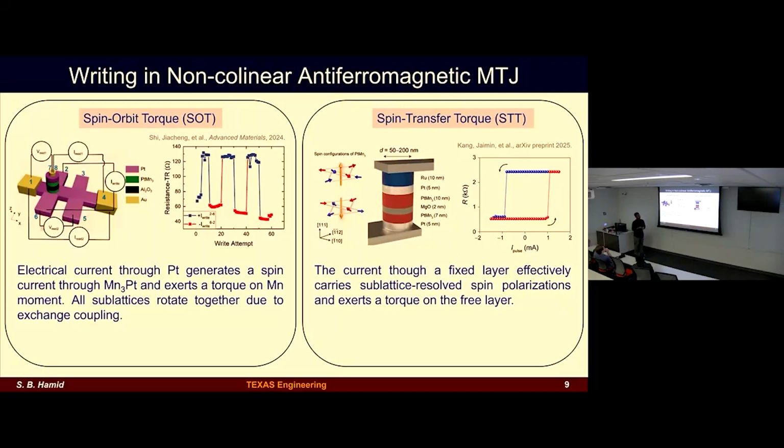Recently, there have been reports of spin transfer torque as well in these devices. Again, like regular ferromagnetic tunnel junctions, you pass a current through the device.